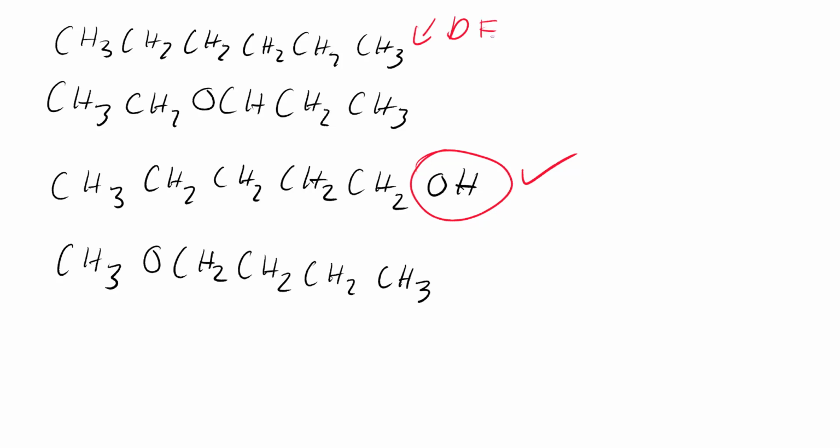This one only has dispersion forces. Let's call that dispersion forces. Technically everything has dispersion forces, but this one only has dispersion forces. This is polar, and this is polar too. As you see, we have an oxygen right there. But there is no H bonding because oxygen is not connected to a hydrogen directly, right?